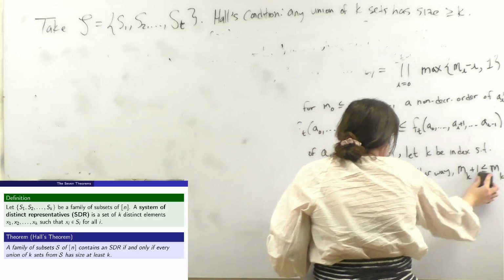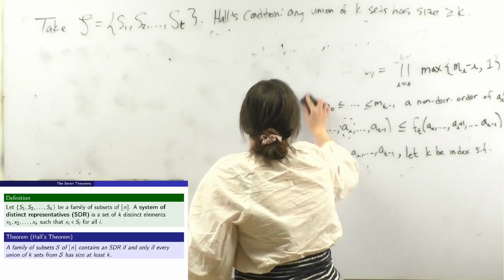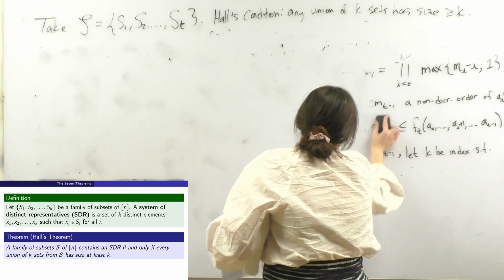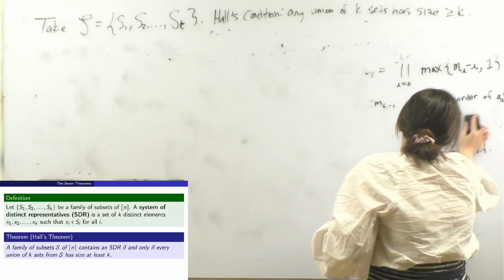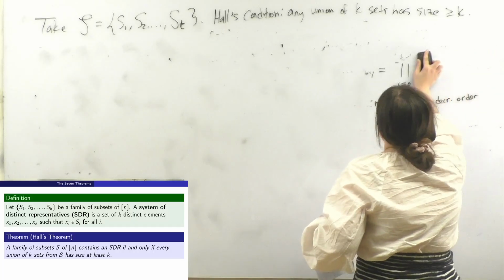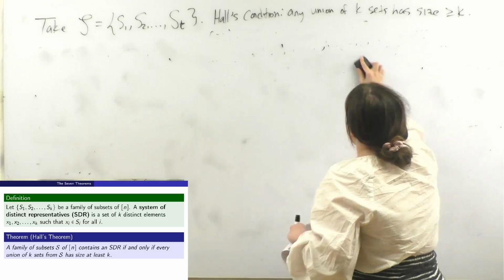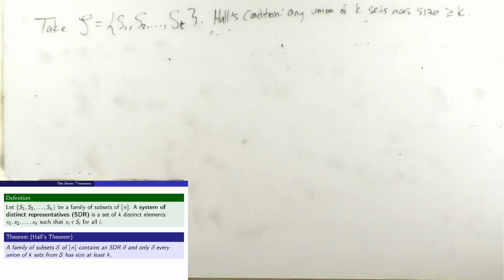We now know a property of these functions. And so we're actually going to jump in to do an induction, which shows that you can basically use these functions to count SDRs or estimate SDRs.